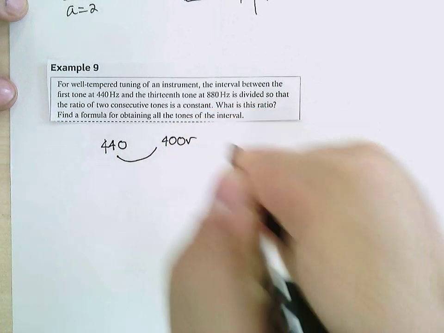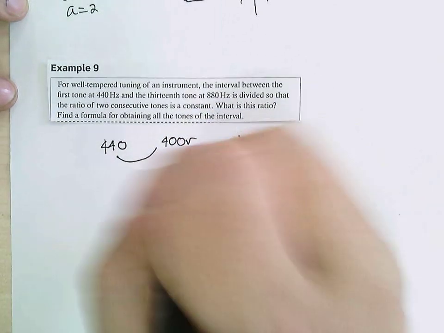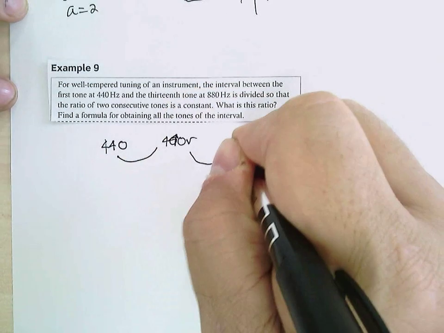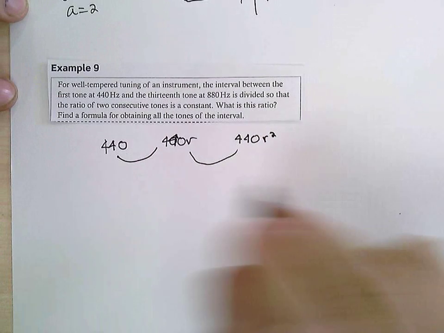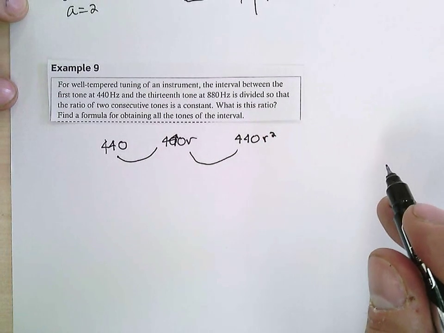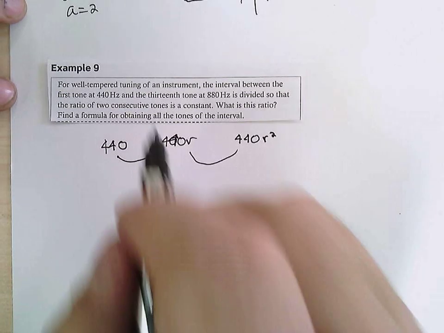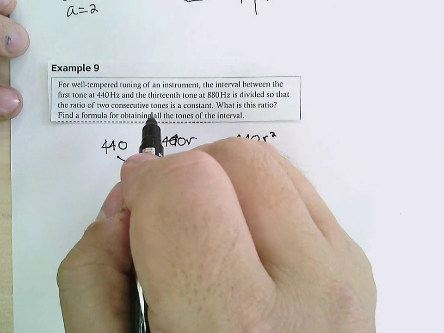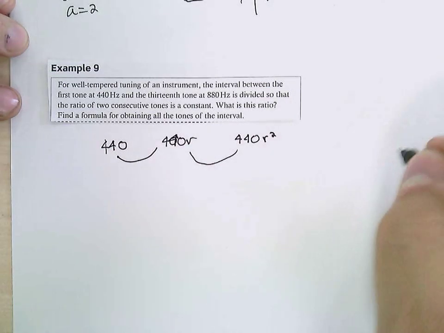So I'm going to have to multiply it by r to get the second one, and then it should be 440 times r squared, and so on. But if I'm going to go all the way to the 13th tone, it would have to be the 12th power, right?